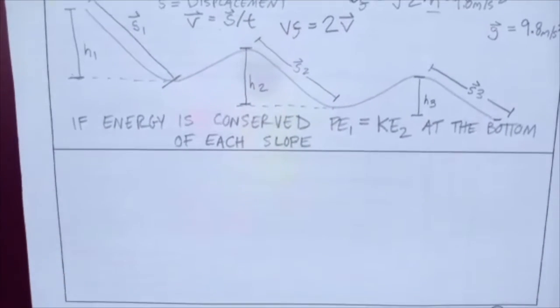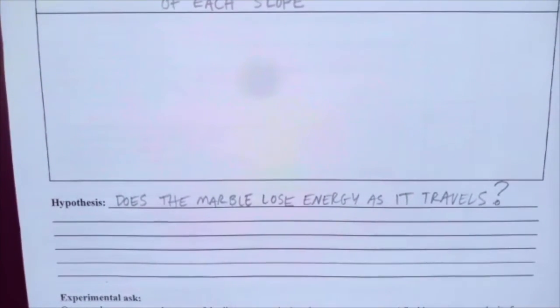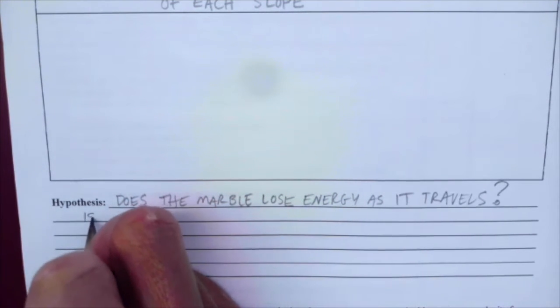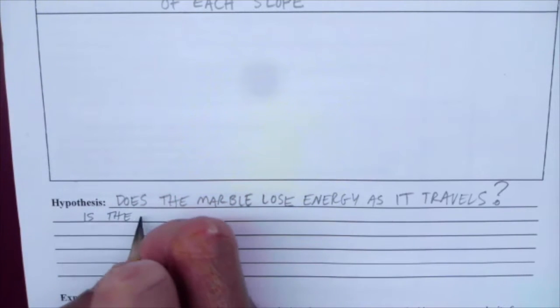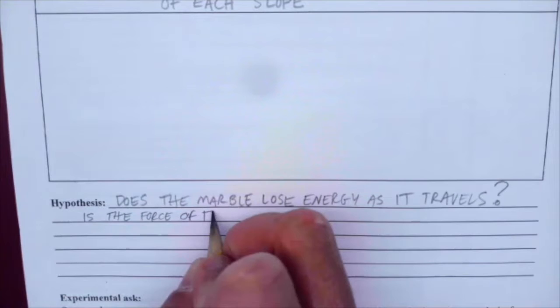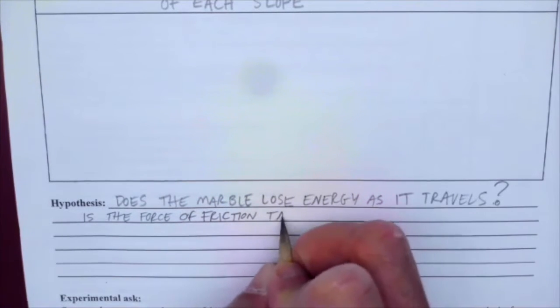So I'm going to jot that right here with the hypothesis. It's something you want to think about when you write it. You should do that too. We're going to write it down right here: is the force of friction taking energy from the marble? This is going to help you compose a hypothesis.